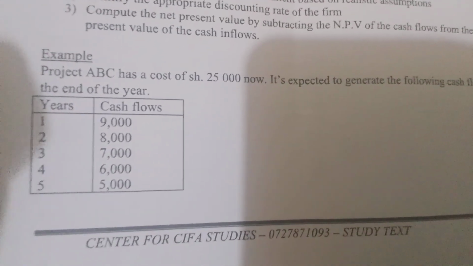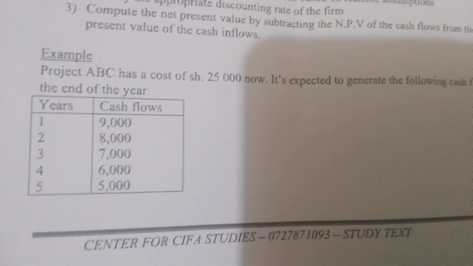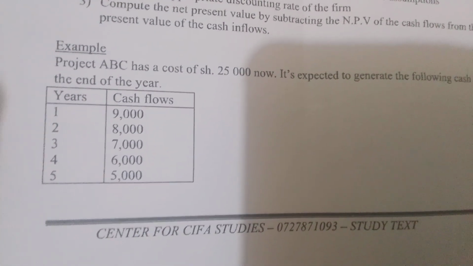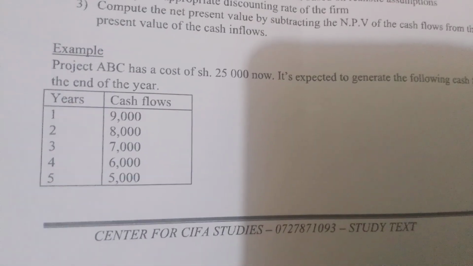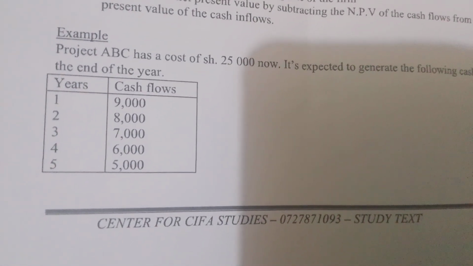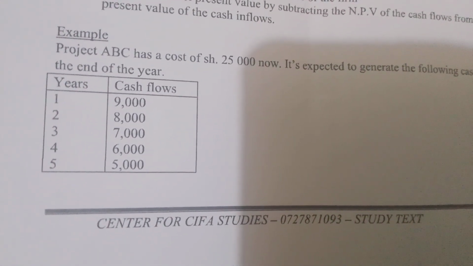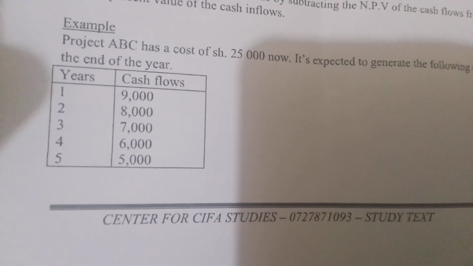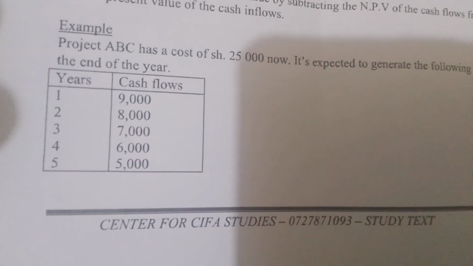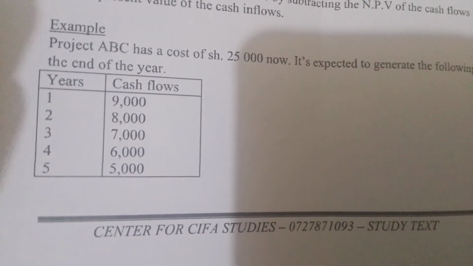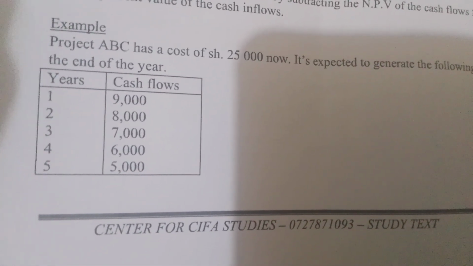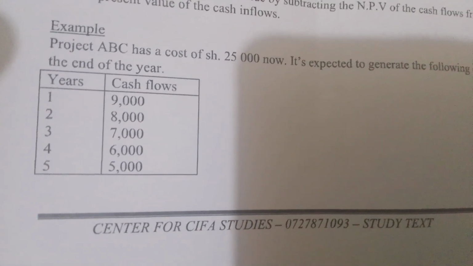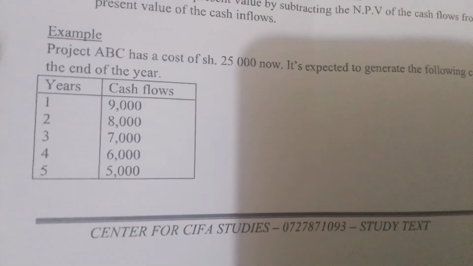But we have projections. We have projections that once we initiate this particular project, or once we purchase this particular asset, we expect this asset to generate these particular cash flows in the future. So we want to see that if we invest in this particular project, will it result to lowering the value of the firm, or will it result to increasing the value of the firm?